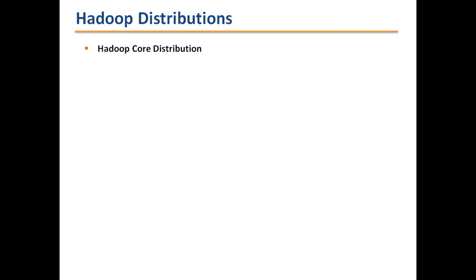So if you want to maintain more clusters with this core distribution, it will be a little complex to maintain. For that reason we go to the Cloudera distribution. This Hadoop core distribution is all open source under the Apache license.